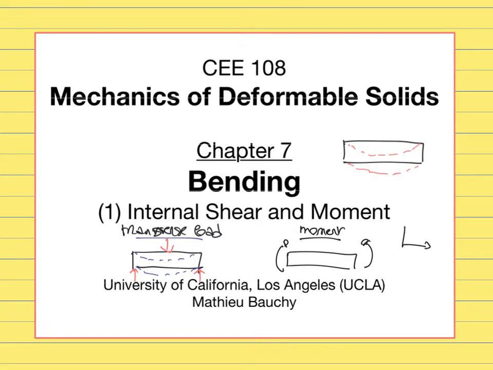So, for example, if this is the x and this is the y coordinates, the moment is within the xy plane, and this moment again is going to cause the beam to turn into a curve like this, to turn a beam that used to be a straight line into now a beam that has the shape of a curve.